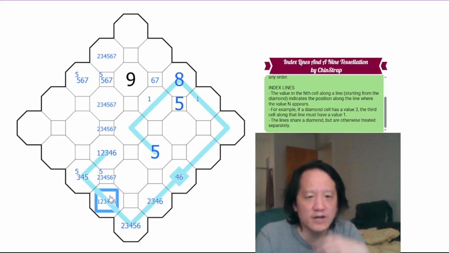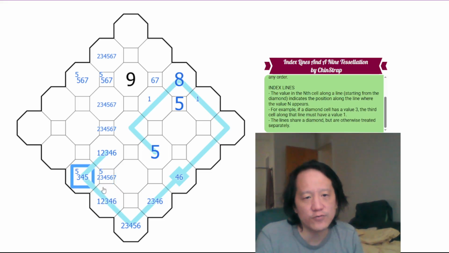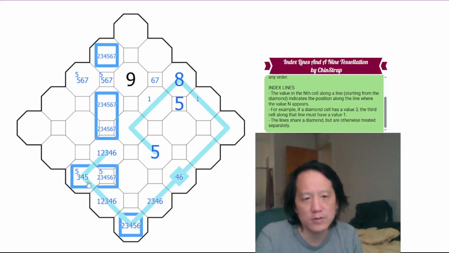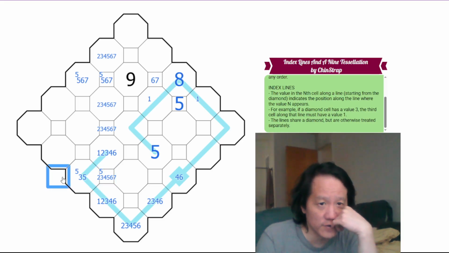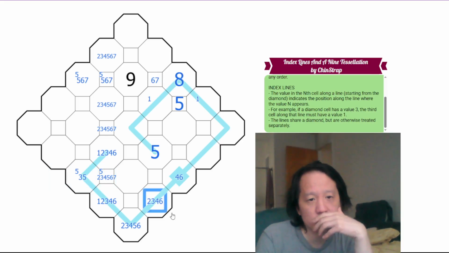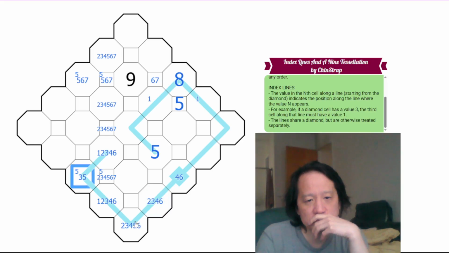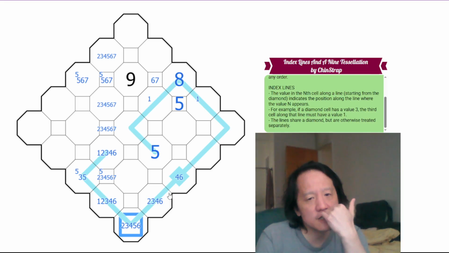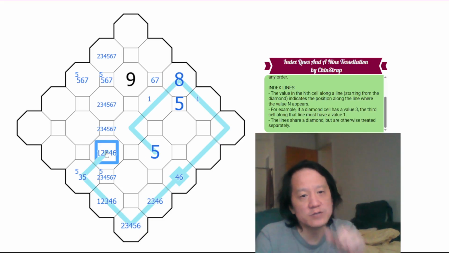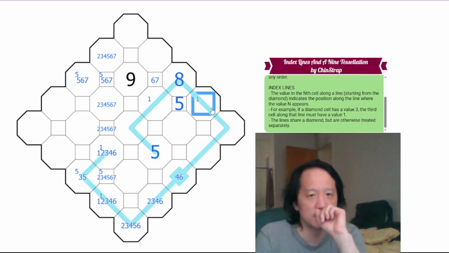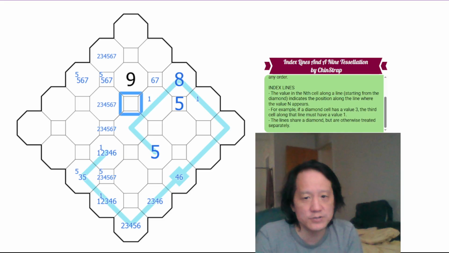One of these is 5, so this cannot be 5. Therefore, 4 cannot be here. So this is 3 or 5 here. So we're guaranteed a 1 in one of these spots. 1 has to be one of these two, so this is 1 through 7 also.